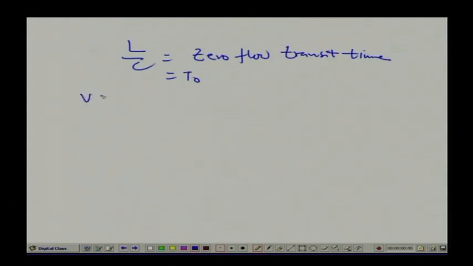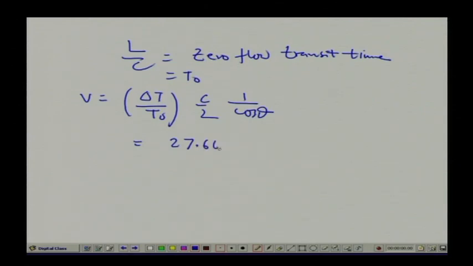So, V equals delta T by T naught into C by 2 into 1 by cos theta. So, if I plug in all the values, I will get V equal to 27.66 meter per second, right, because T naught is already given.